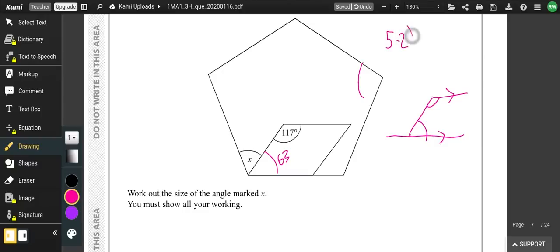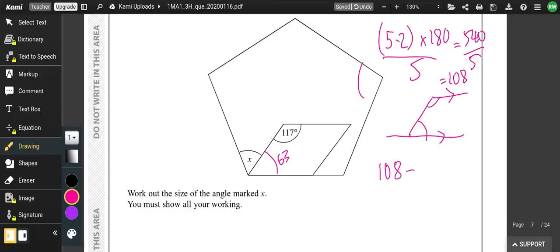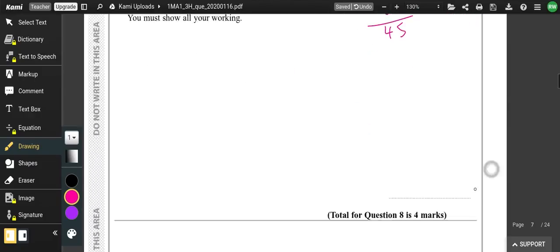So 5 minus 2 times 180 over 5 would be each individual angle. That's 540 over 5, which is 108. So to find x, we do 108 minus 63. 108 minus 63 is 45. So we've got 45 degrees there for x.